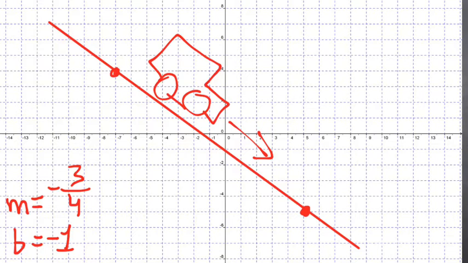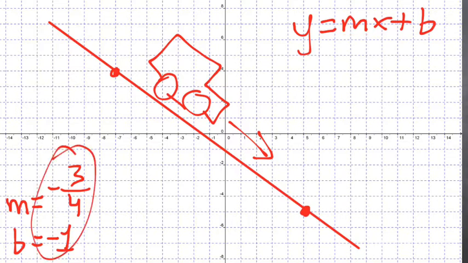What are you going to do now? Well, you are going to put it into our formula, y equals mx plus b. All you're going to do is substitute the m and the b with the numbers that you found.